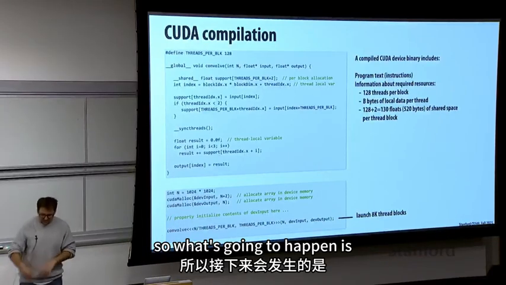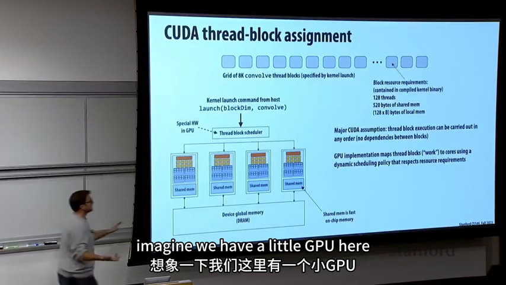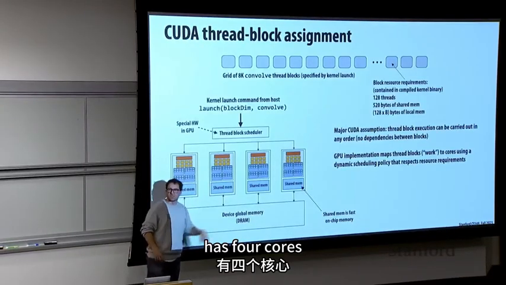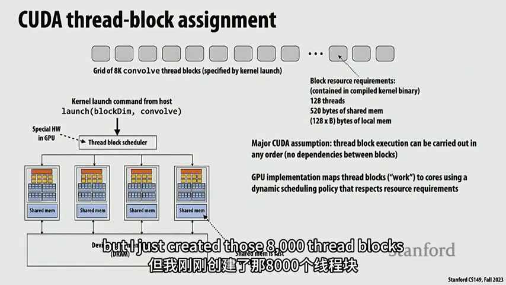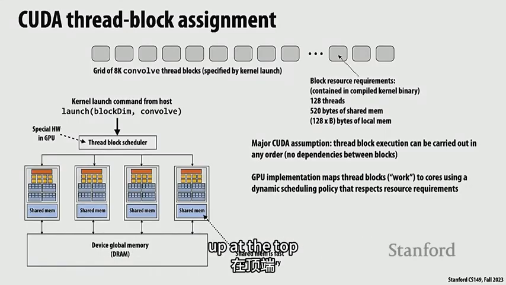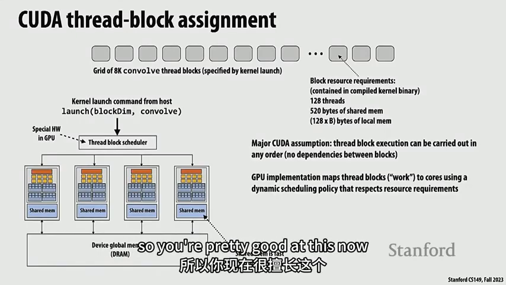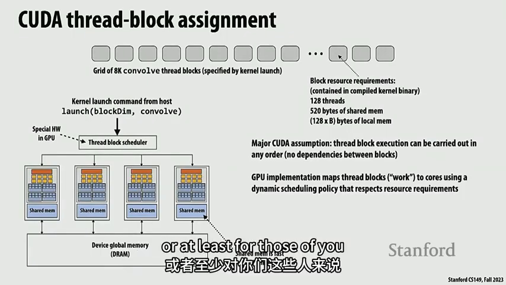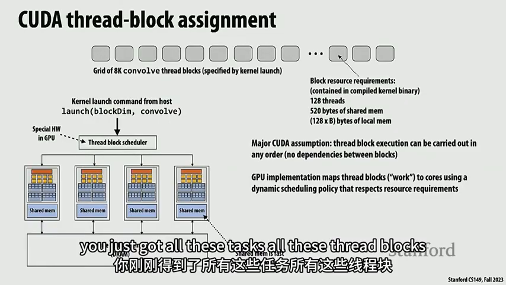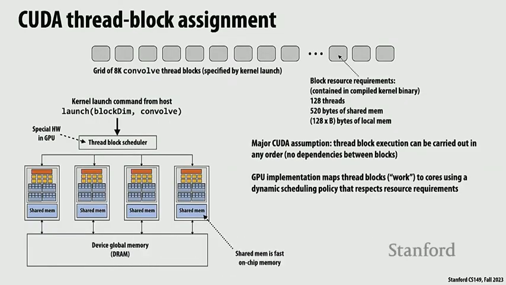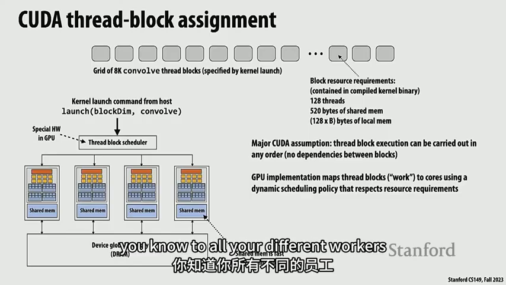All right. So imagine we have a little GPU here, which has 4 cores. Let's not think about the details. But I just created those 8,000 thread blocks up at the top. You're pretty good at this now, or at least those of you that have been doing a little bit of thread pool stuff. How's this going to work? You just have all these tasks, all these thread blocks, and you're going to go whoop, whoop, whoop, whoop, to all your different workers.